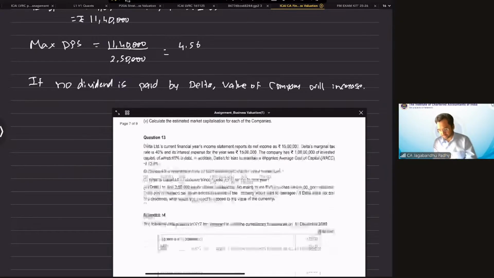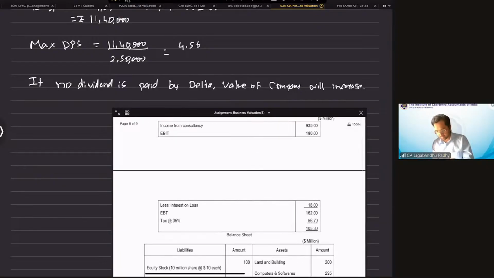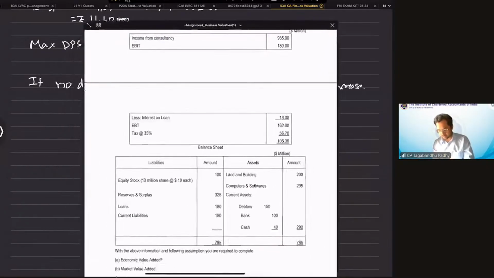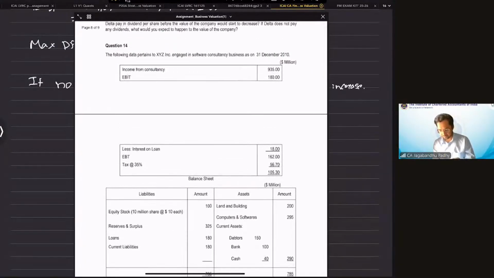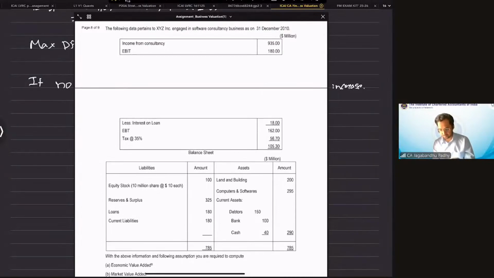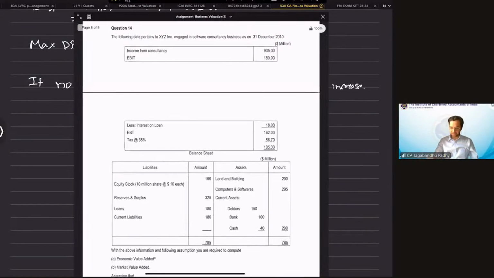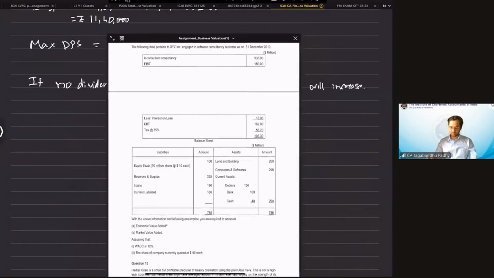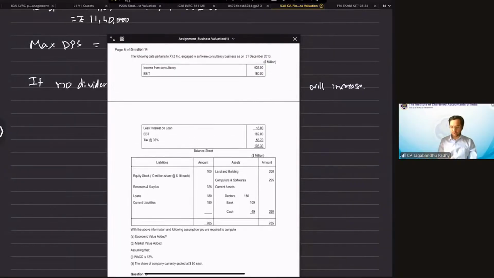So that was question number 13. Then let's go for question 14 now, guys. The following data pertains to XYZ Inc., engaged in software consultancy, wherein we have income from consultancy, EBIT of 180 less interest on loan is 18, EBT is 162, tax is 56.7.